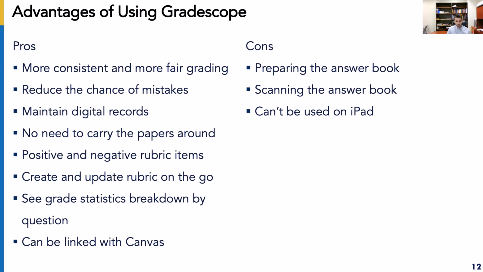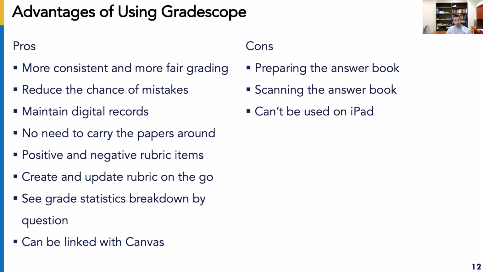It also maintains the digital record, so you don't have to keep the whole stack of papers or save digitally. You save the PDF file and also on Gradescope. And also you don't need to carry the papers around, so especially during finals, you might want to take the exams home to grade them. Again, I'm sure you have experienced that. It's going to be a huge stack of paper.